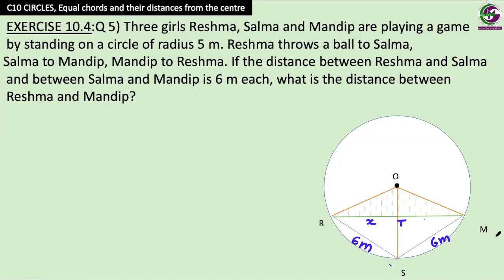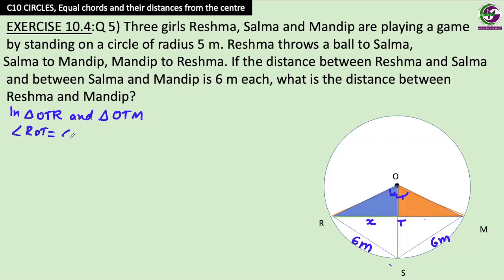Now let us consider the two triangles, triangle OTR and triangle OTM. We can see that angle ROT is equal to angle MOT. Can you say the reason?